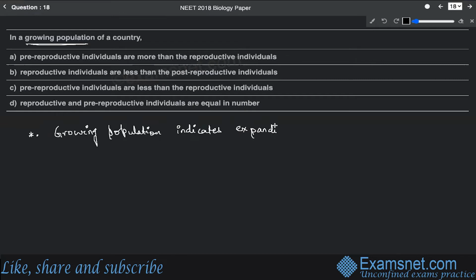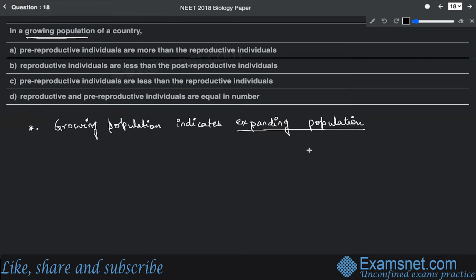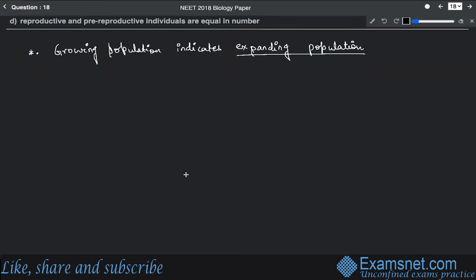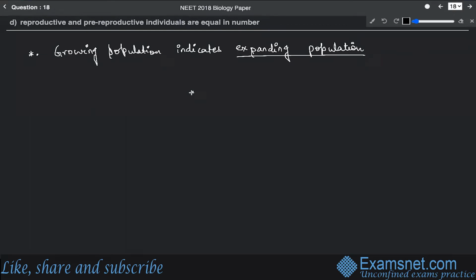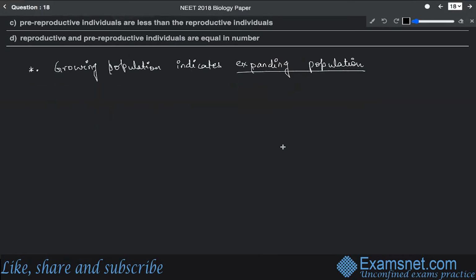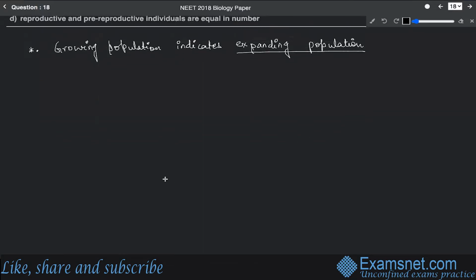Remember, growing population indicates expanding population. And in case of the expanding population, when we have to draw the pyramid, then it goes like this. Or rather, we can draw it like this.